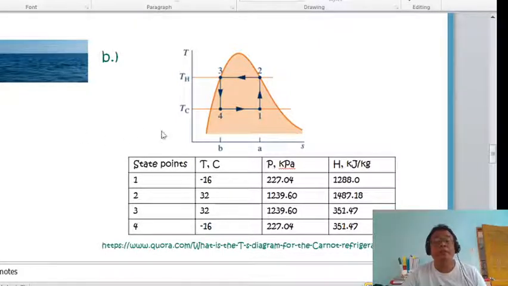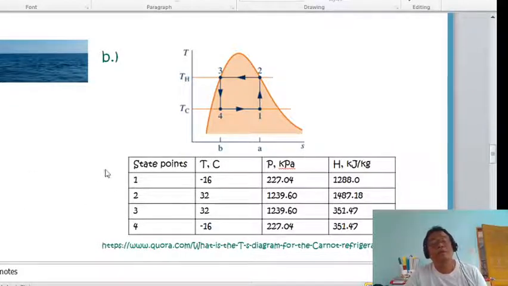Okay, so getting now the pressure. So at negative 16, 227.04, this is already known. So in the previous slides, the enthalpy is 1288. Okay. And at 32, this is 1239, already known. And the enthalpy is 1487.18. Same pressure at 3. And then 351.47.